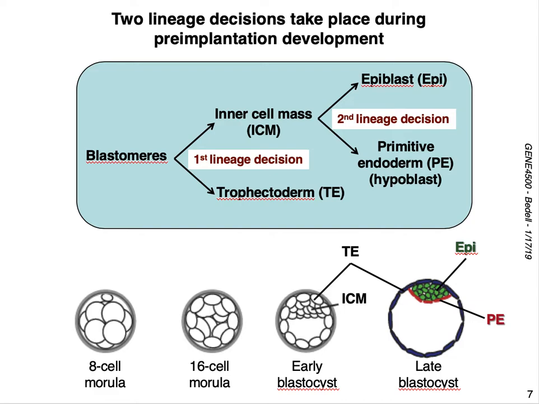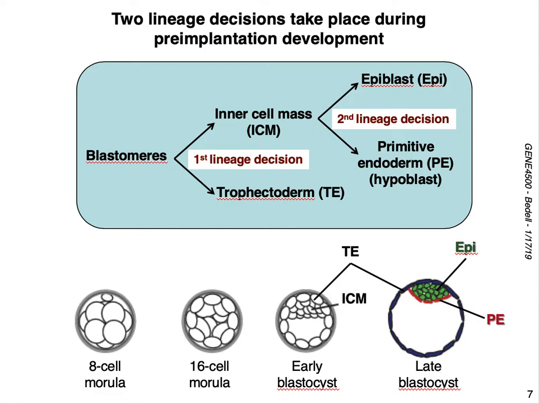Then the trophectoderm continues on, and these cells will contribute to the placenta, the embryonic portions of the placenta, and some other embryonic derived tissues. The TE will not, under normal conditions, contribute to anything having to do with the embryo itself. It's essential for the embryo, right? Because if you don't have the placenta, the embryo is going to most likely die.